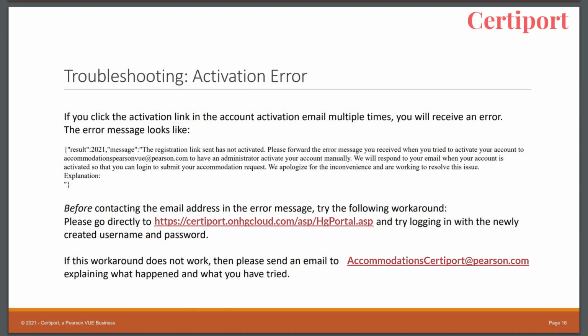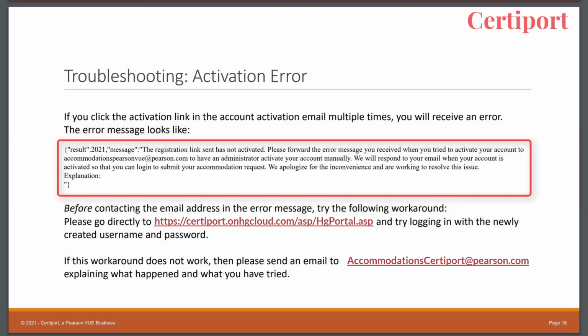Troubleshooting. Activation error. If you click the activation link in the account activation email multiple times, you will receive an error. The error message looks like this. Before contacting the email address on the error message, try the following workaround.